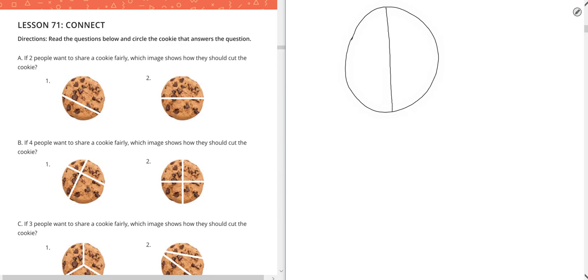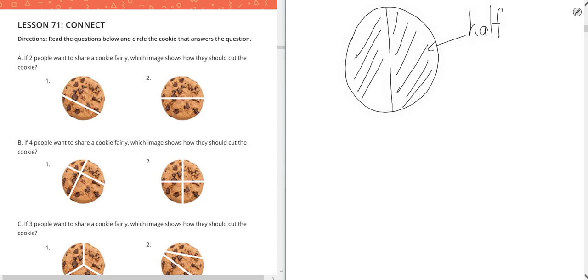This part is called half. This part is called half. And this part, the other part, is called half. We can write half as 1/2.